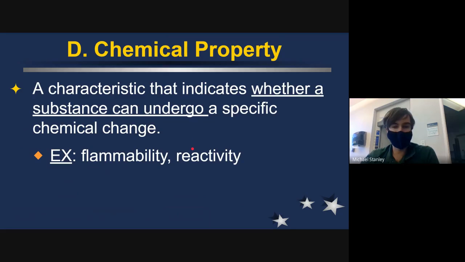Right, and I think that's the last new thing that I wanted to talk about. So just to review everything all together, we have our physical properties, which are things that we can observe about a substance, like color, size, weight, length, measurements, density, taste, smell, temperature.